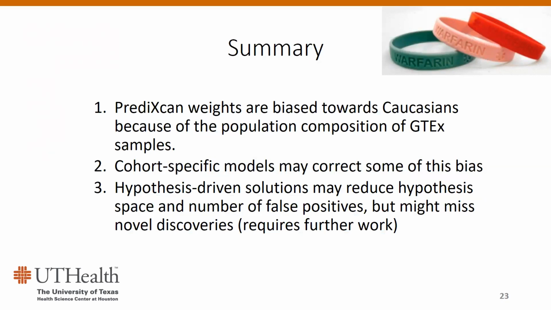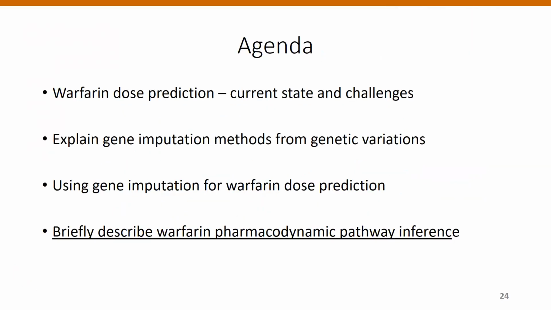So this is the Warfarin study, and I briefly described the Warfarin pharmacodynamic pathway inference, which is our prior work, just to explain how we do manage to pick up these 116 genes, because the Q-rated ones are much less than 116. They range about 10 or so genes.